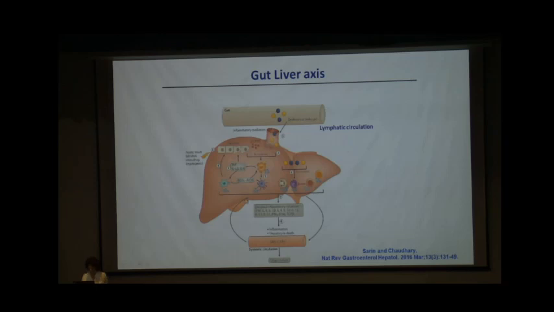So again, it is a cycle. From the breached intestinal permeability, it comes to the liver with the DAMPs and PAMPs, and it again gives an insult to the liver and starts creating the activation and infiltration.